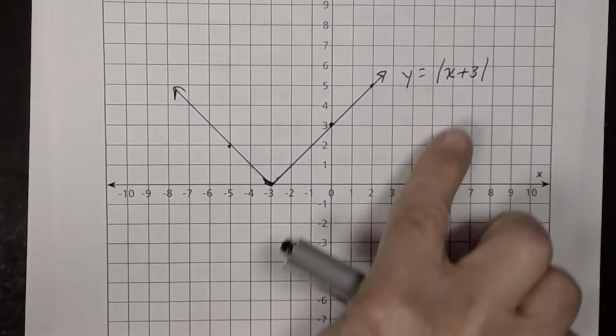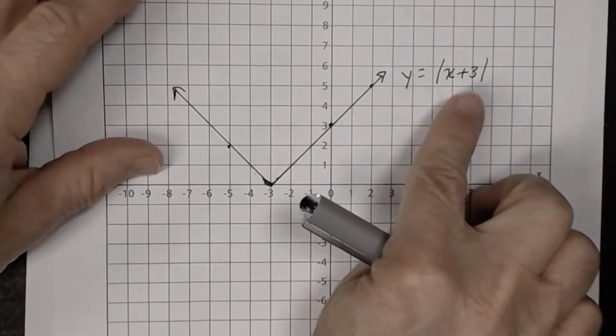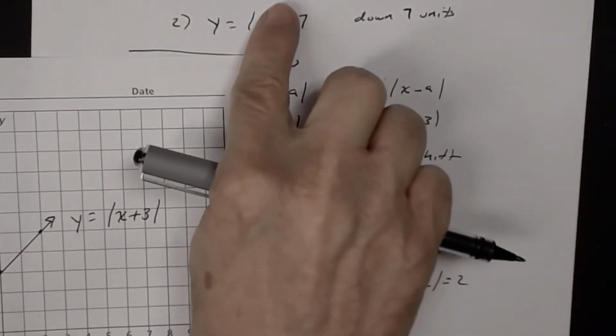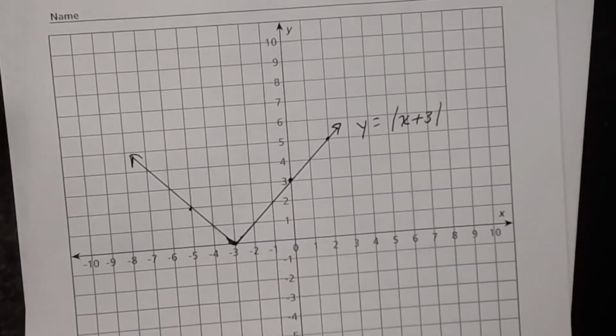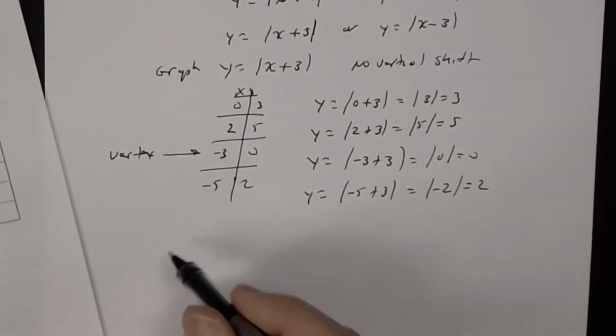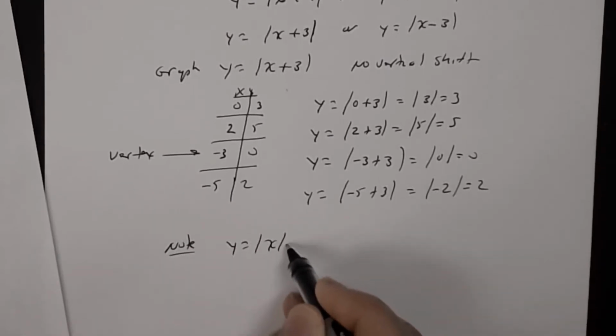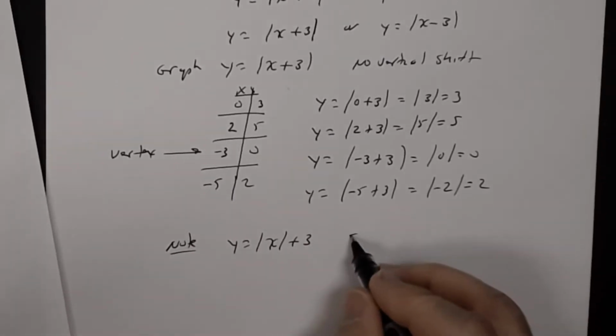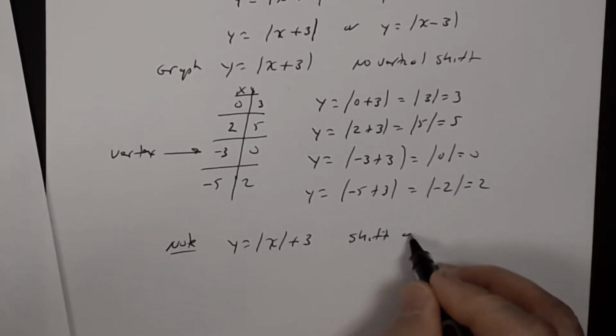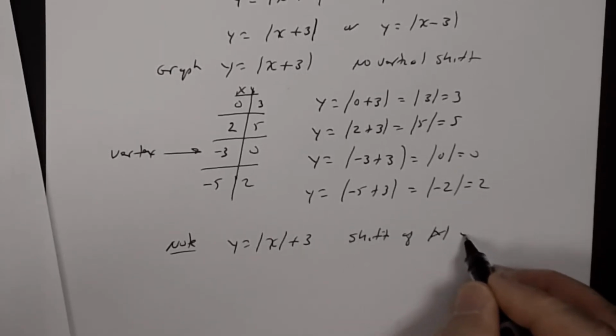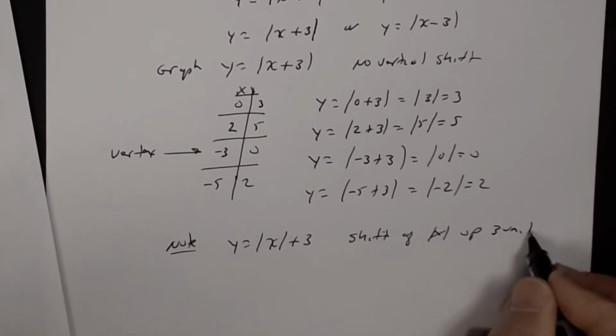So a lot of students get confused here. Note, y equals the absolute value of x plus 3 is not a shift of the absolute value of x up 3 units.